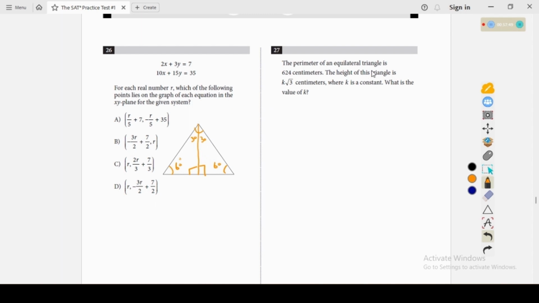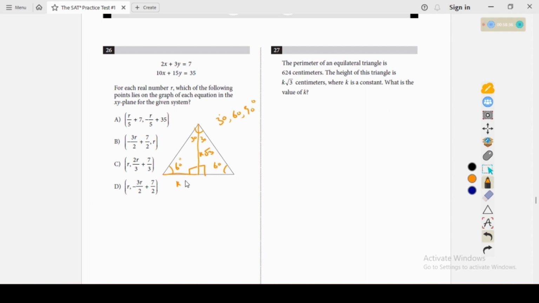Since the height is k root 3, then from the postulate of 30, 60 and 90 triangles, since k root 3 is the altitude of the triangle, the side corresponding to 60 degrees has length k root 3, and the side corresponding to 30 degrees has length k.